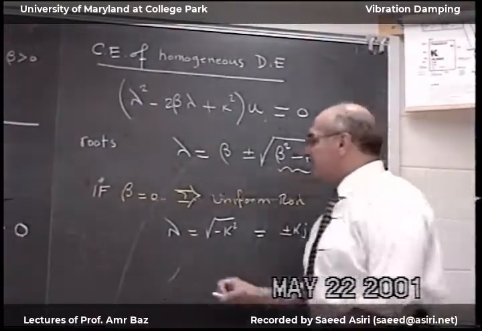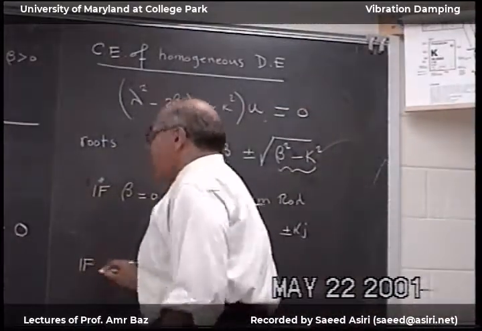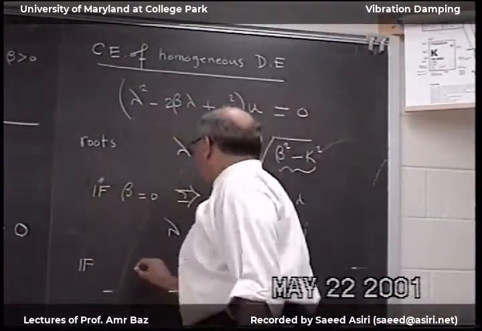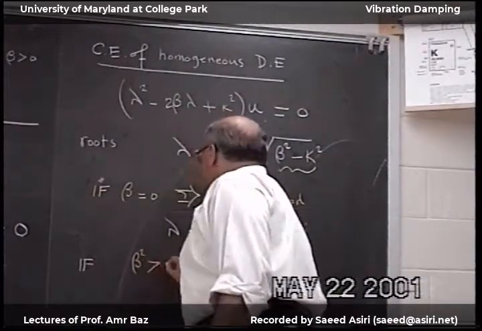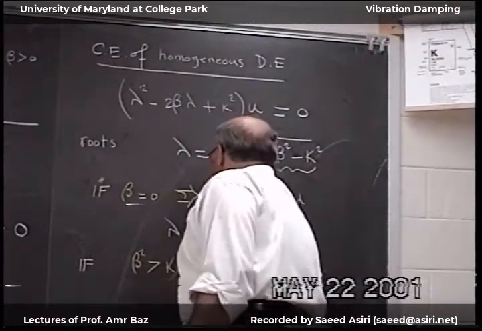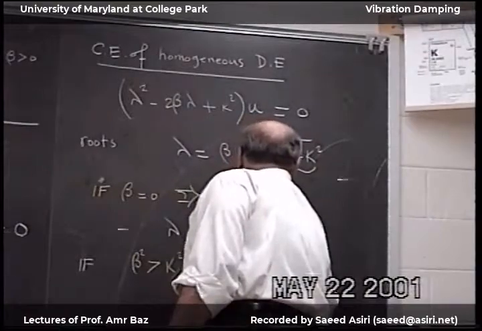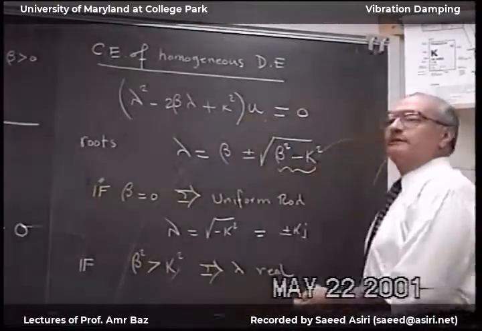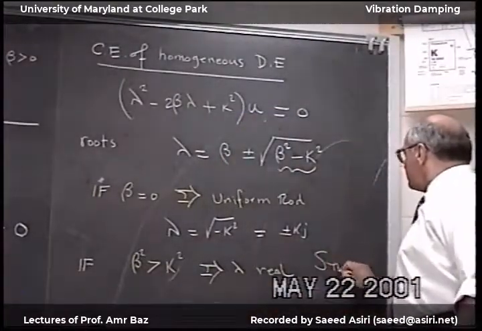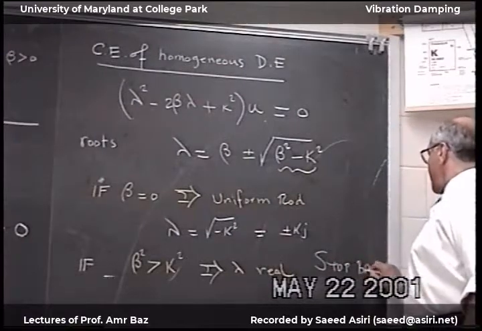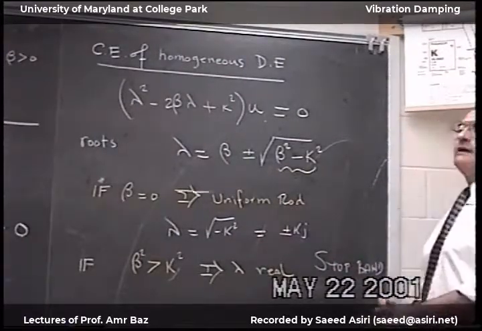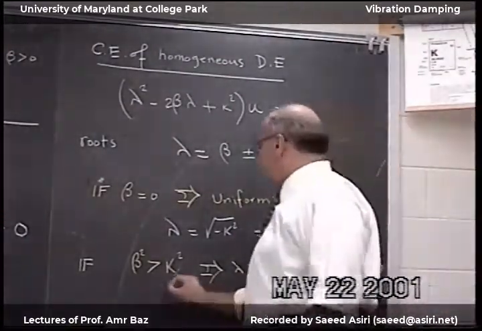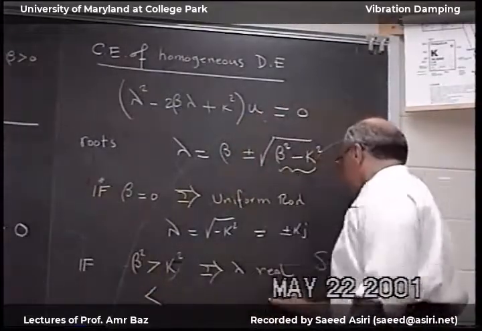Okay, so now if beta squared is greater than k squared, then lambda is real, and I have a stop band. And otherwise, I'll have a pass band.